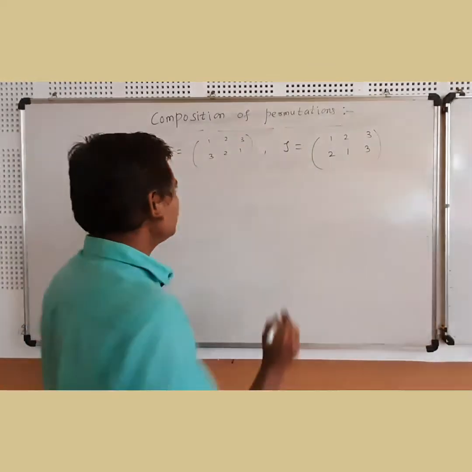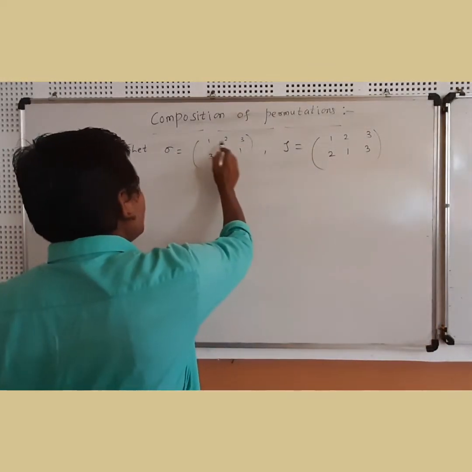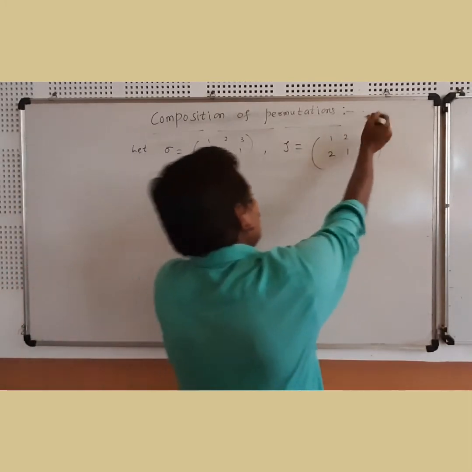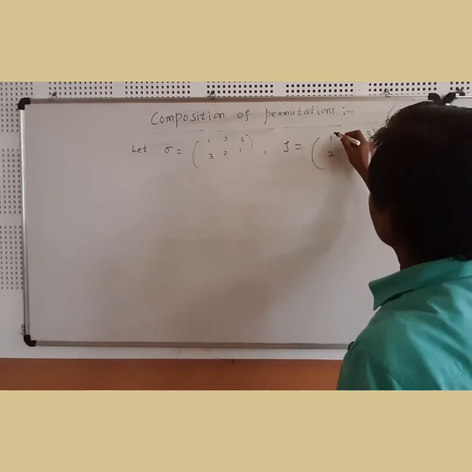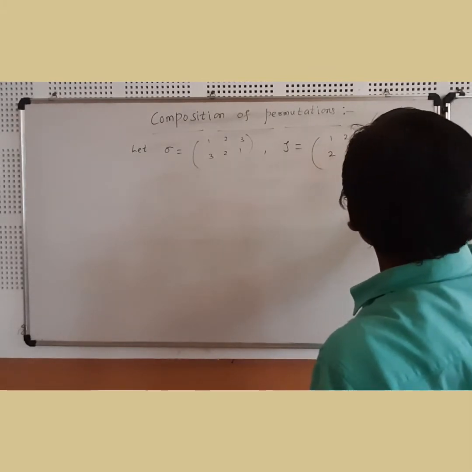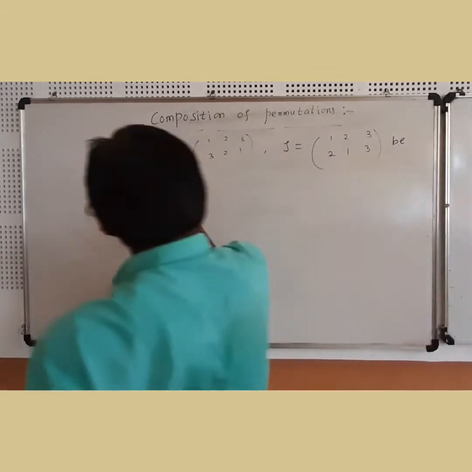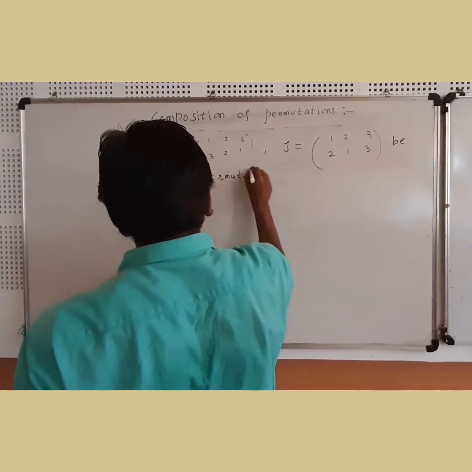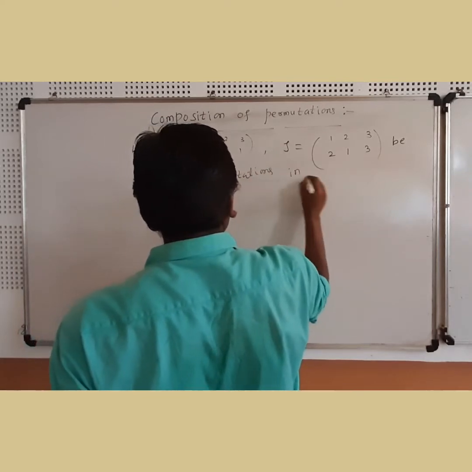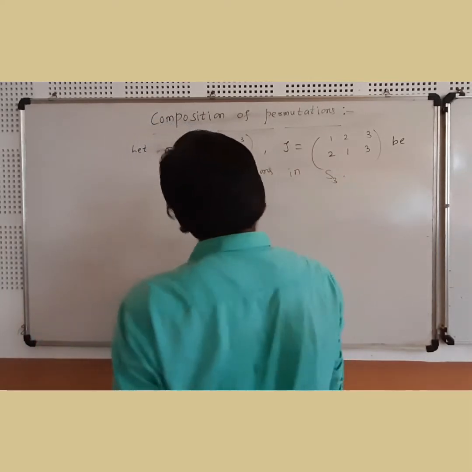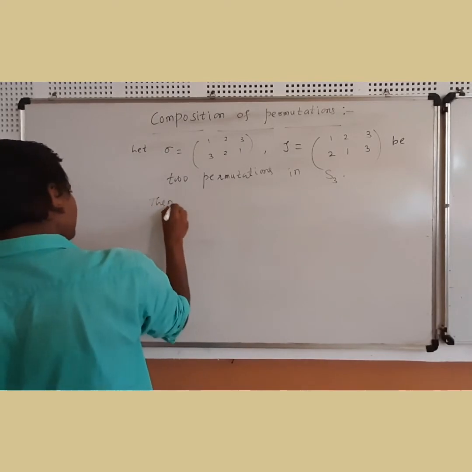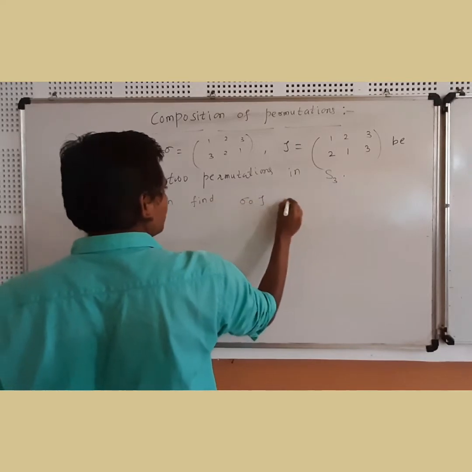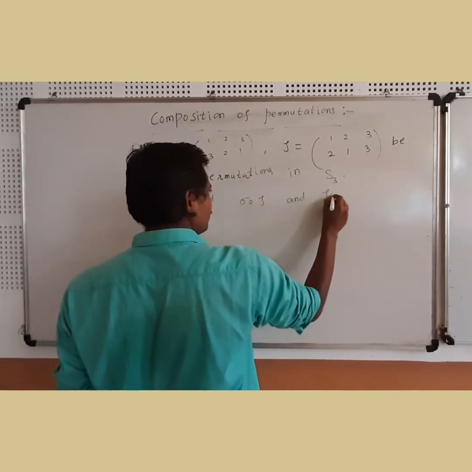Consider sigma equal to 1, 2, 3 and tau equal to 1 goes to 2, 2 goes to 1 and 3 goes to 3, be two permutations in S3. Then find sigma composition tau and tau composition sigma.